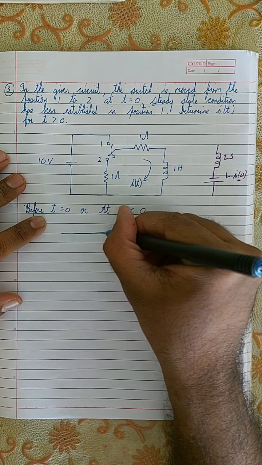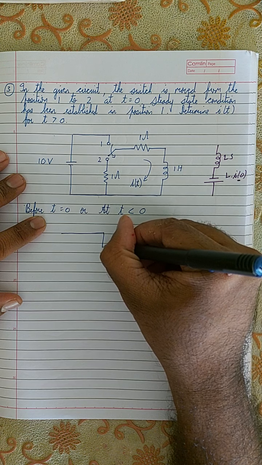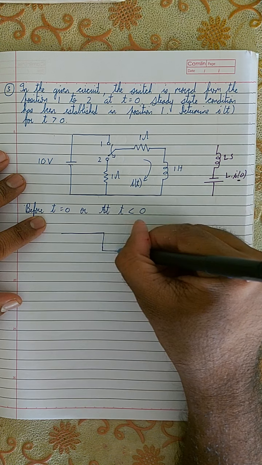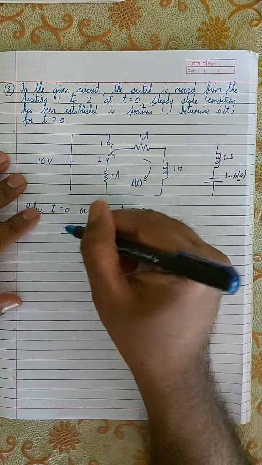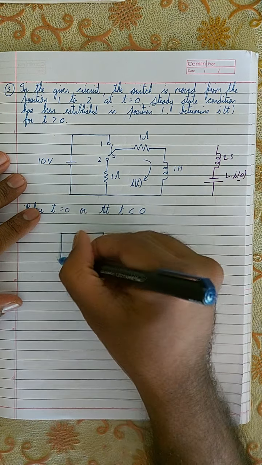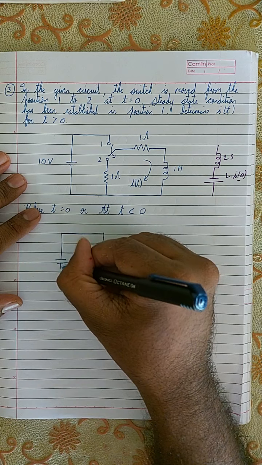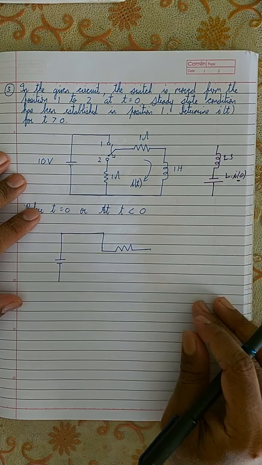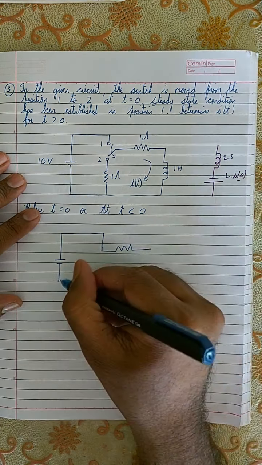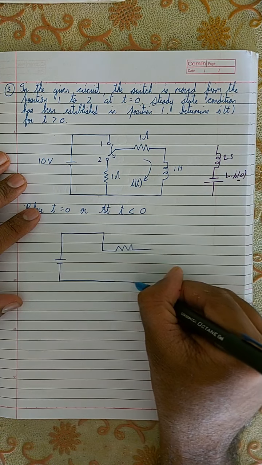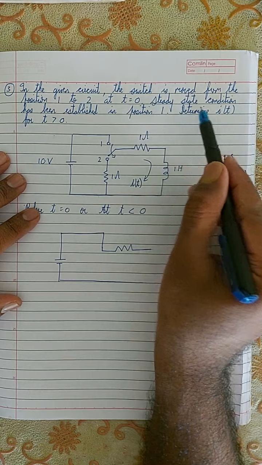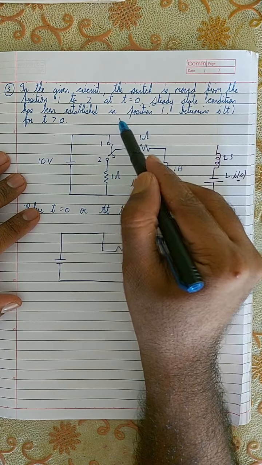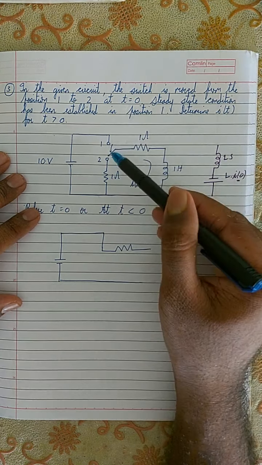This will be the circuit. And one more interesting thing is that it says here that the steady state condition has been achieved in position 1. That is, the switch is in position 1.